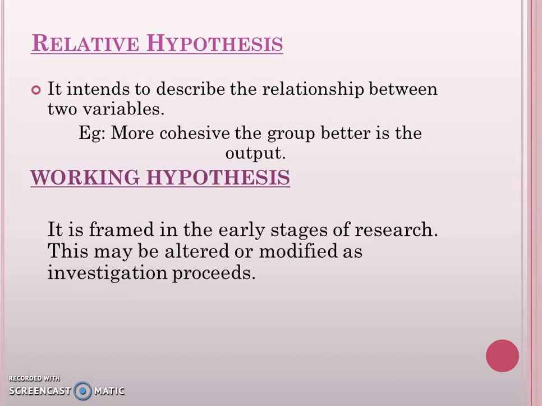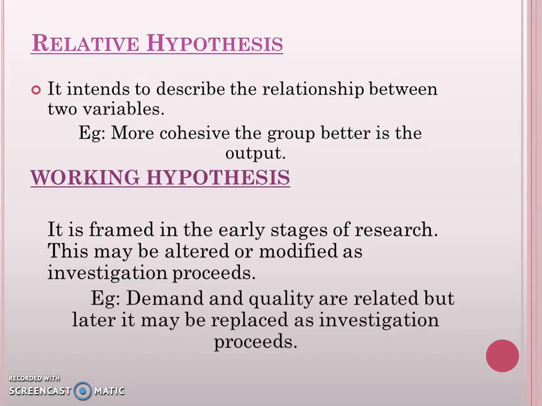This may be altered or modified as the investigation proceeds, because we may have an understanding or a judgment in the early stage or the beginning stage of the research. Then later we can change if things are changing, or if we find more knowledge in that particular area.